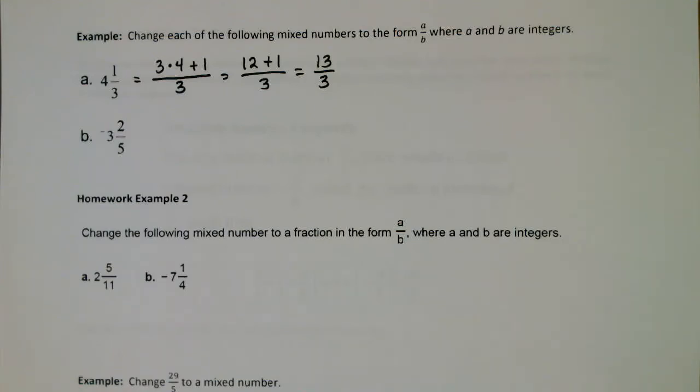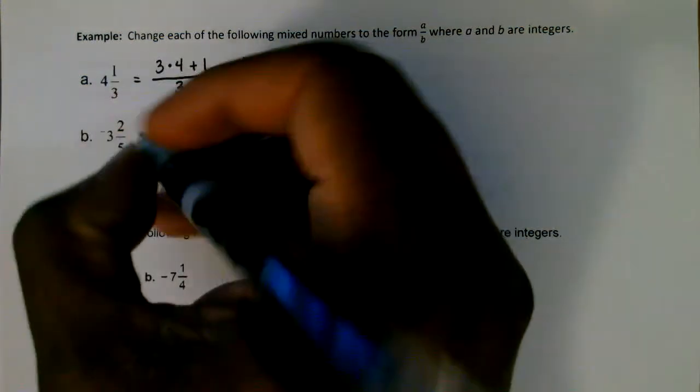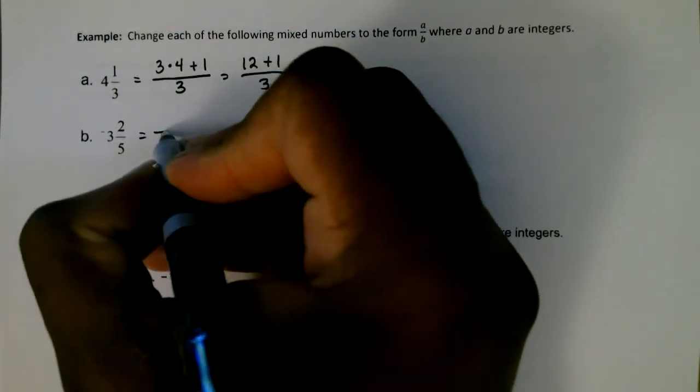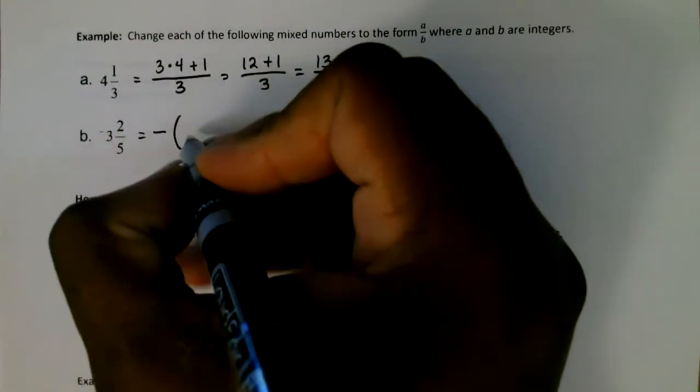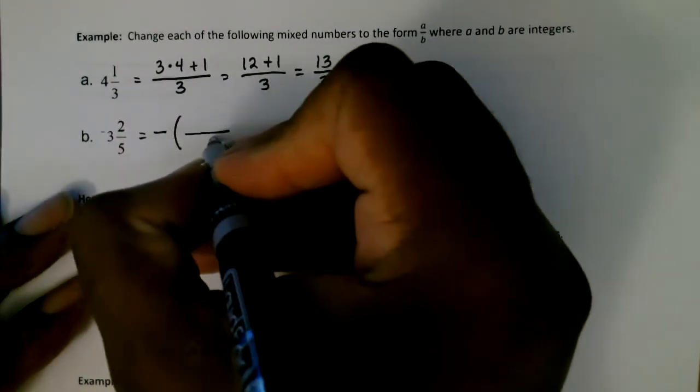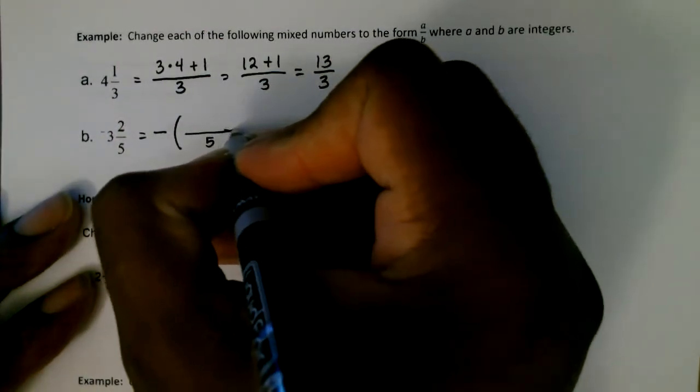And then part B, we got -3 2/5. Now in this case, we're going to bring over the negative, and then we're going to write 3 2/5 as an improper fraction. This will be over that denominator of 5.